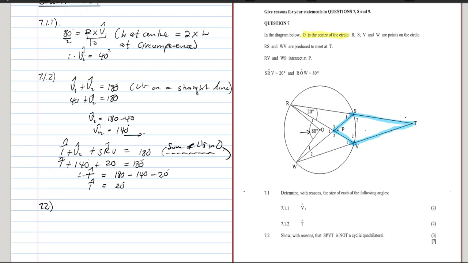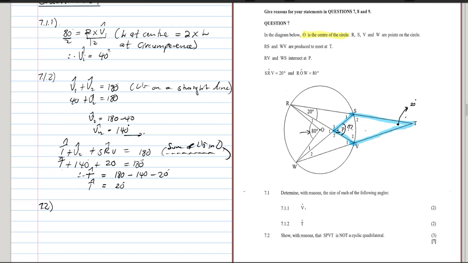We just calculated T. We got 20 degrees. If I calculate P4, I can use the theorem which states that the opposite angles in a cyclic quad are supplementary. So if I calculate P4, say maybe I get 80 degrees.